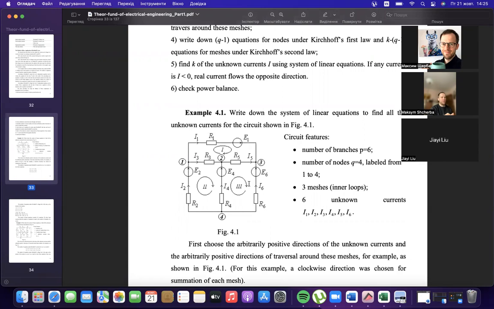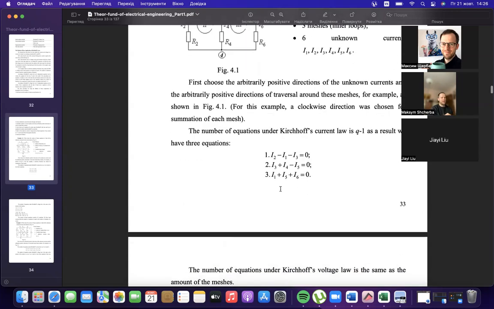But what will happen if we have, for example, 20 meshes or 100 meshes, quite widespread energy systems with lots of consumers, lots of generators? How could we simplify in this case?